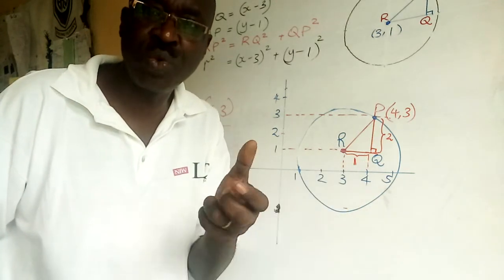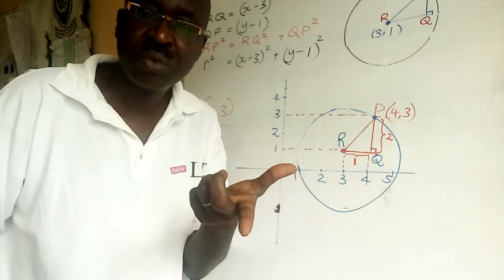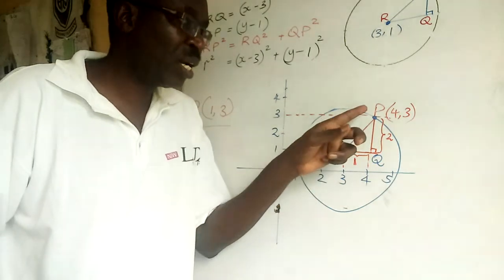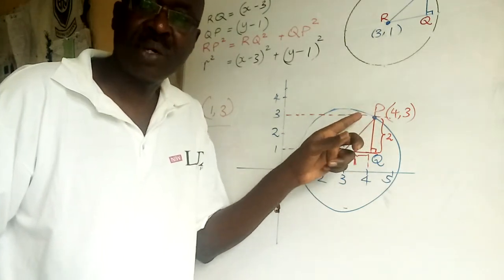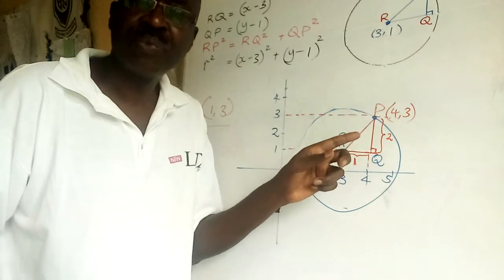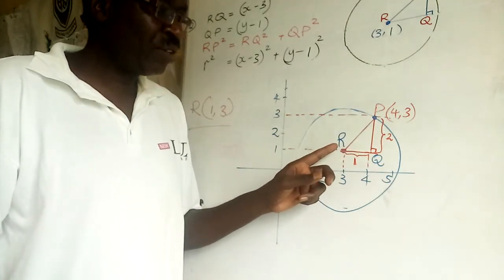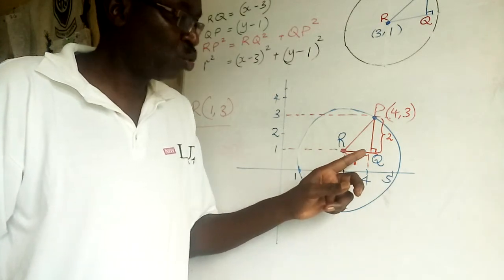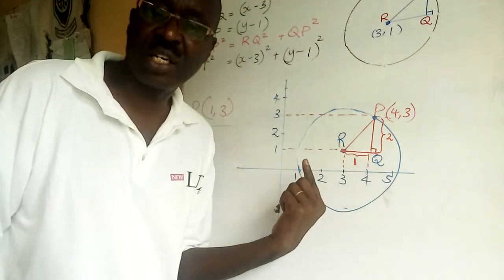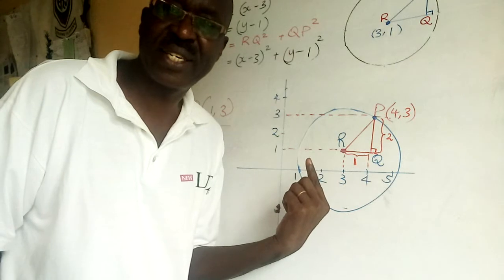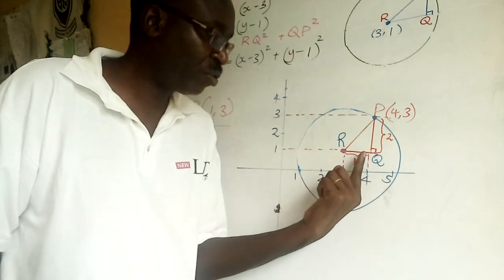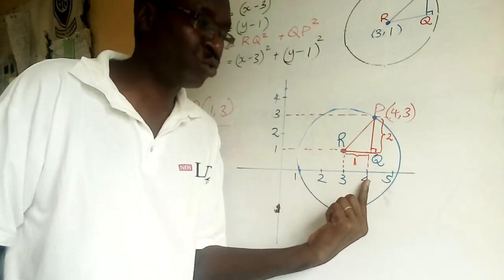Pythagoras theorem deals with lengths. Length RP, capital R, P is the radius. For the length from R to Q, you subtract the ordinates. The value of this ordinate is x is equal to 4.